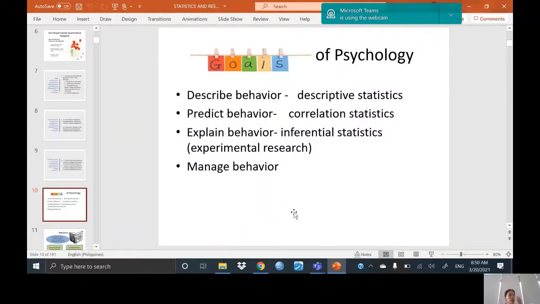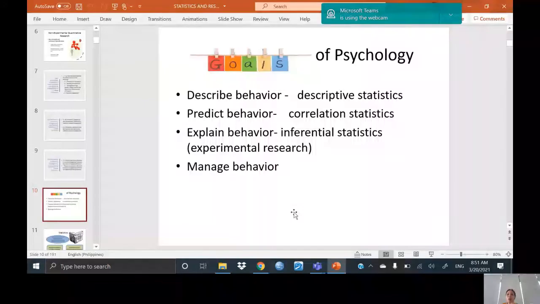And because psychology claims to be a scientific endeavor, a scientific field, we want to be as precise as possible in our measurement. Thus, we make use of statistics in measuring and describing the variables that we want to study.